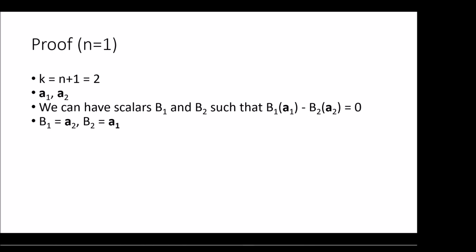Pretty simple solution here. We just set beta 1 equal to a2 and beta 2 equal to a1, and we can see now that no matter what the vectors a2 and a1 are, the linear combination of them can be 0. That's the first part of the proof. We'll now go on to the second part.